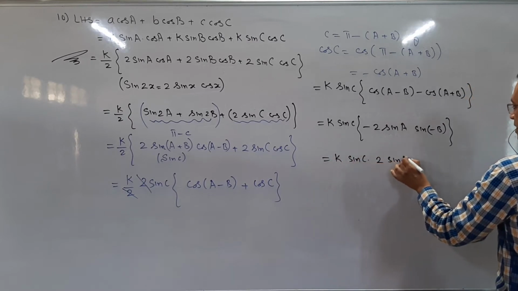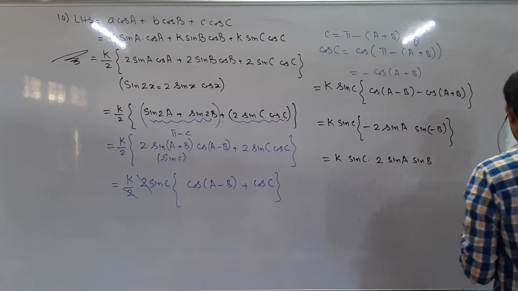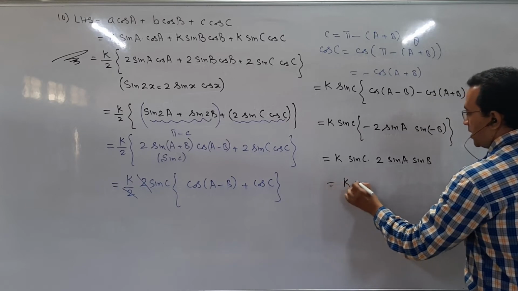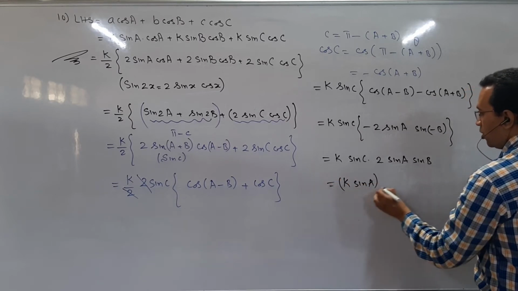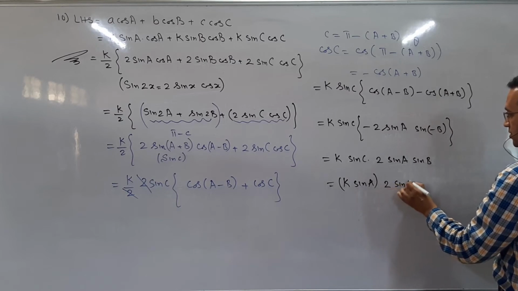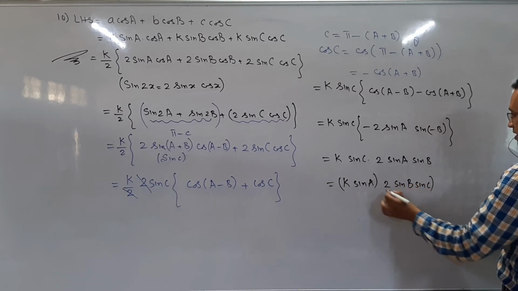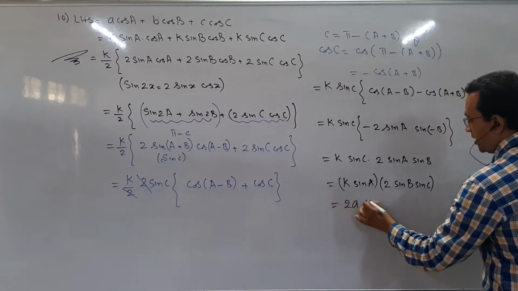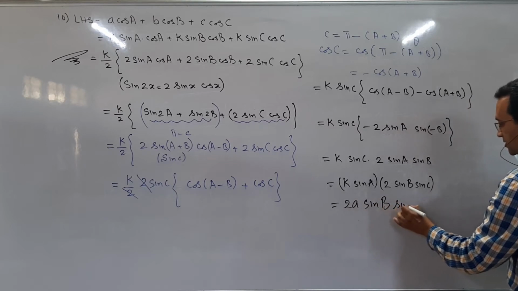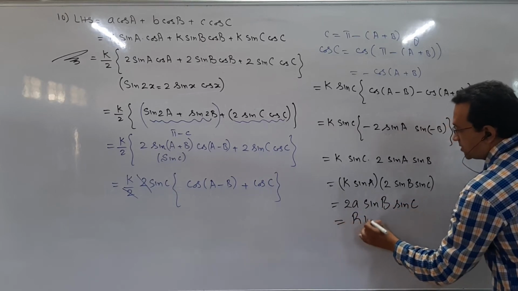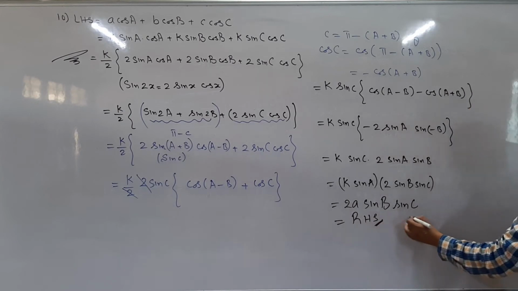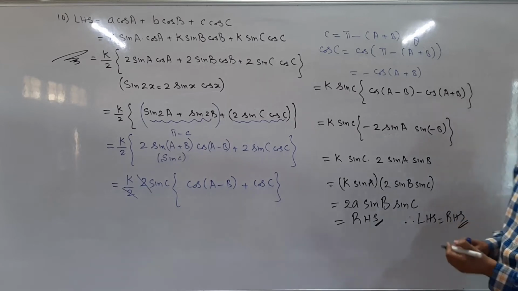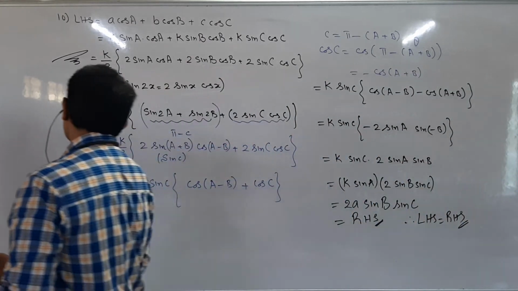This is 2 sin A sin B. Now students, we want small a. So k sin A will change to small a, and 2 sin B sin C as it is. So the final answer becomes 2a sin B sin C, and that is nothing but our RHS. Therefore, LHS is equal to RHS, hence proved.